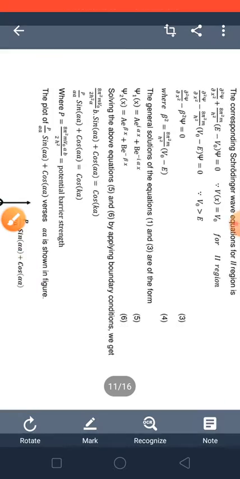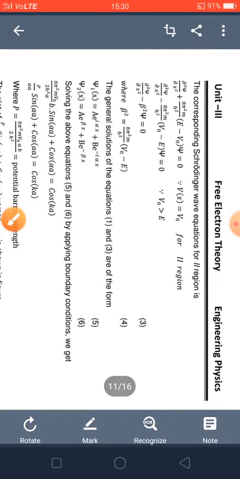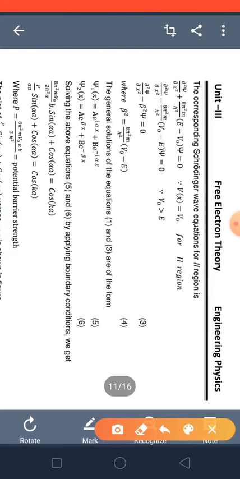So we get the Schrodinger equation as d square psi by dx square plus 8 pi square m by h square into E minus V naught psi is equal to 0, where potential is equal to V naught.